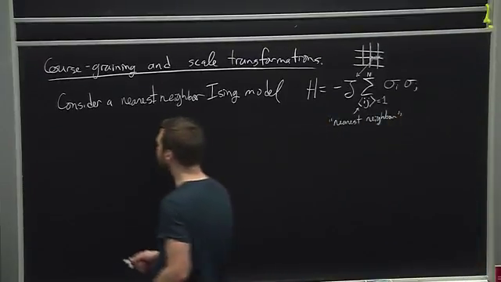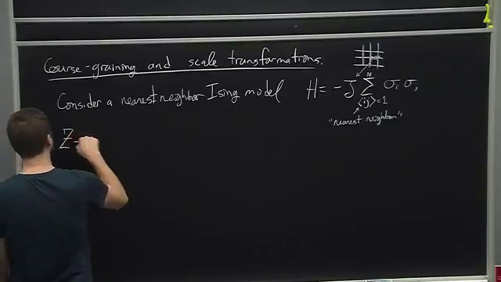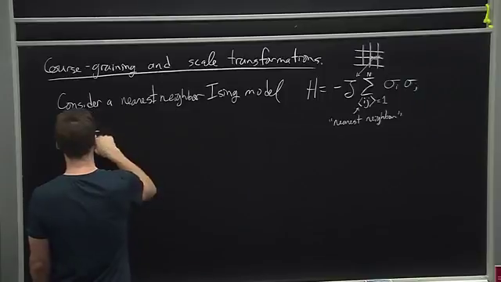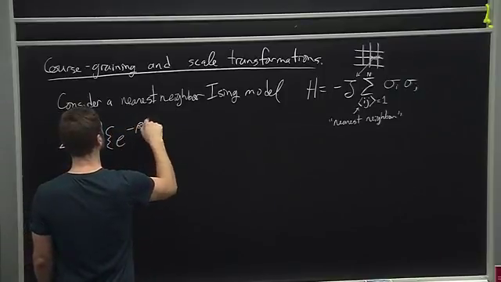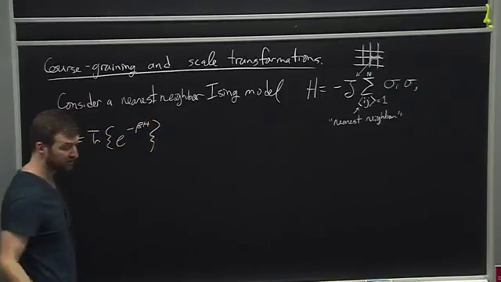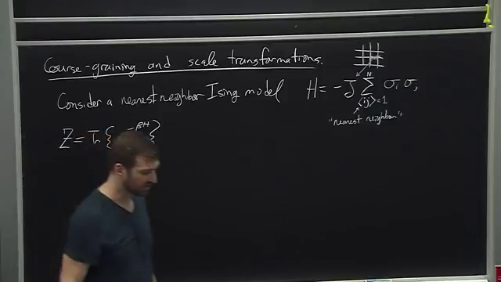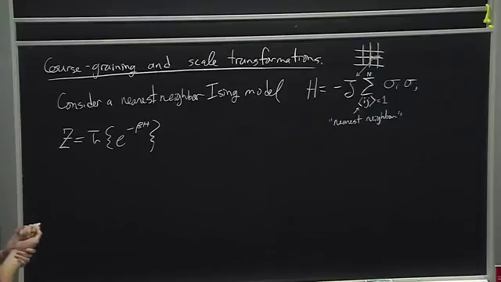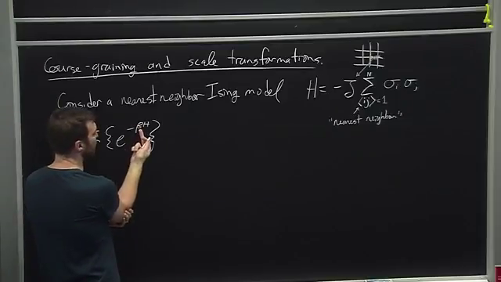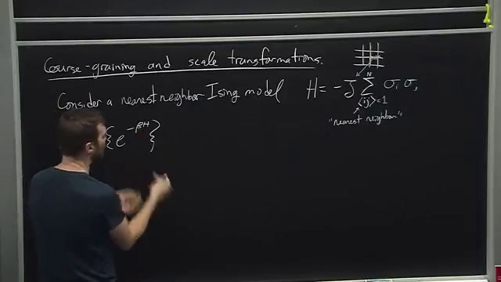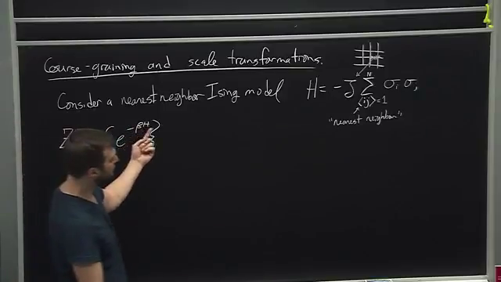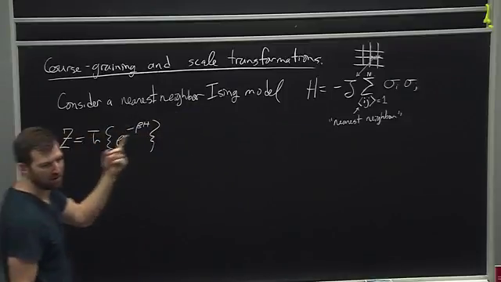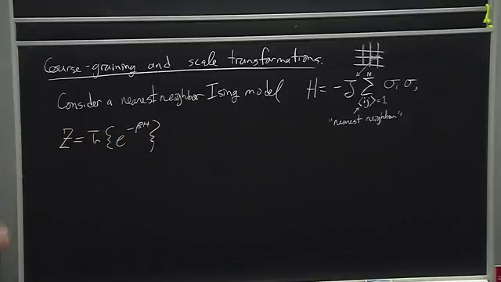For the purpose of the renormalization group, since we're looking at the partition function, e to the minus beta H, this beta was just 1 over the temperature. We're going to absorb it into the coupling in front here, J. So this will make sense.